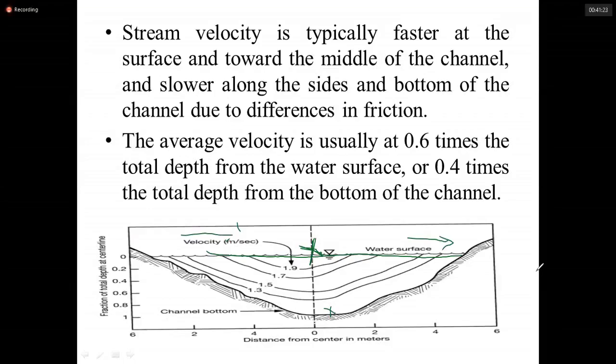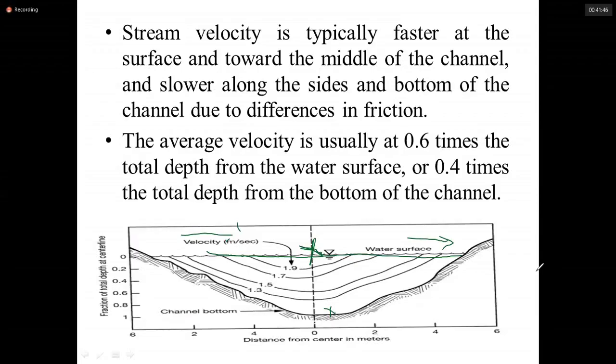The average velocity is usually at 0.6 times the total depth from the water surface, or 0.4 times the total depth from the bottom of the channel. So we need to calculate the stream discharge. We need to measure the average velocity.